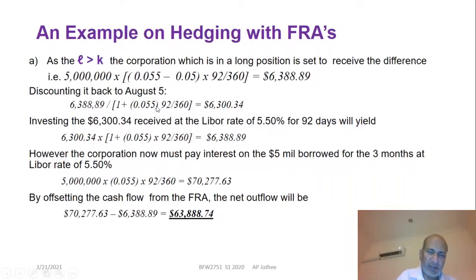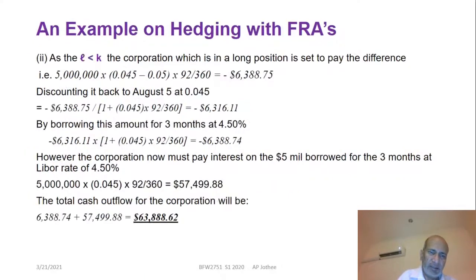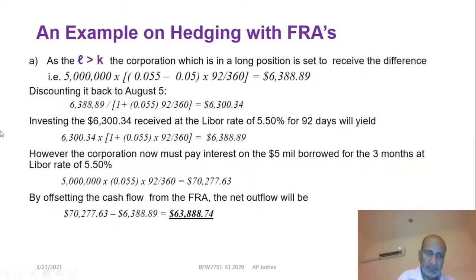That is the L difference. L is 0.055, plus 1, calculate the inverse of it, and times it by 6,388.89. So you get this. Investing this 6,334 received at the LIBOR rate of 5.5% for 92 days will give you back the same figure, 6,388.89.